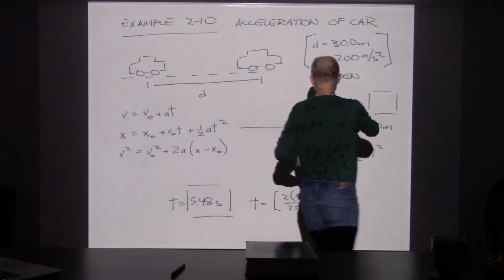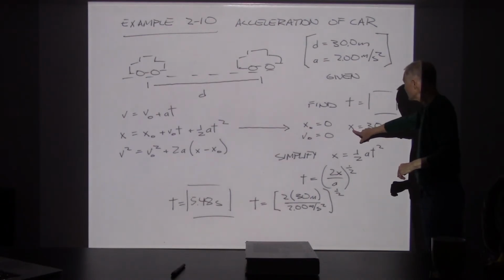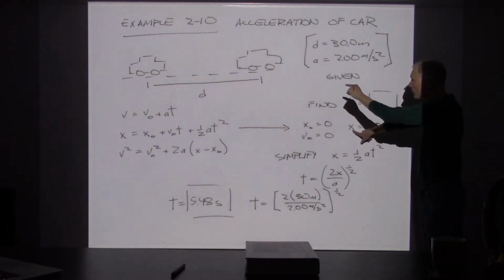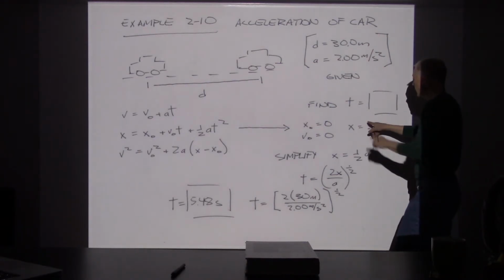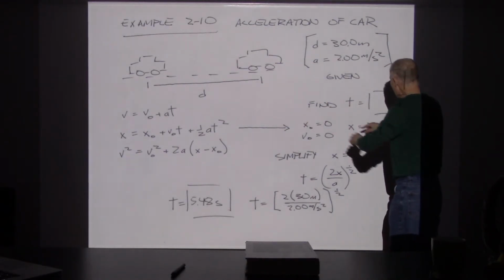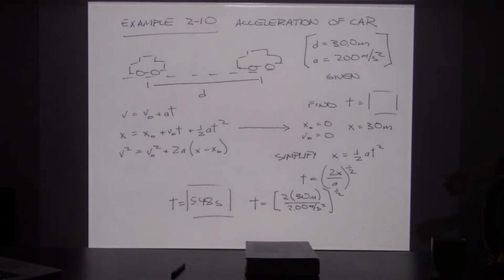Notice that with x naught equals 0 and v naught equals 0, I now can say that x, the final location, will be 30 meters. I had to make sure that x compared with x naught indicated a distance of 30 meters, and I have done that.